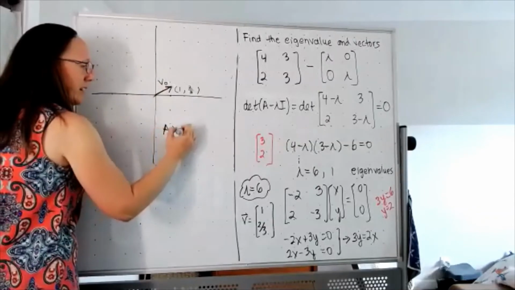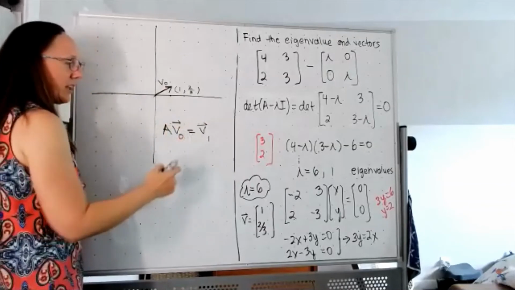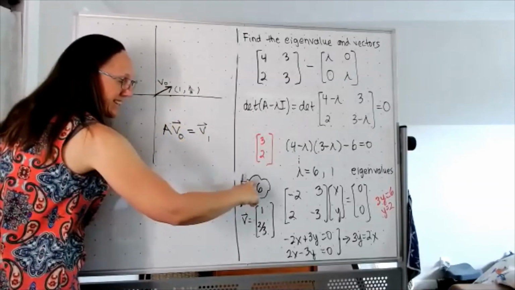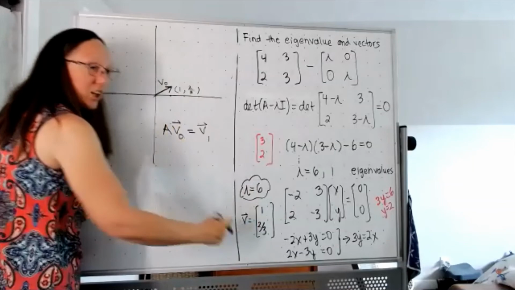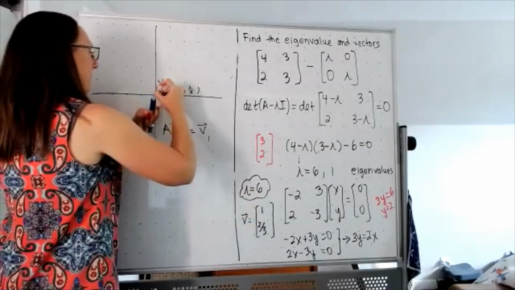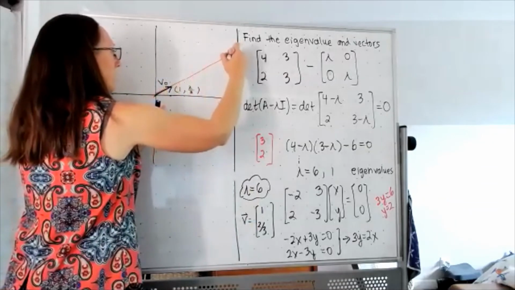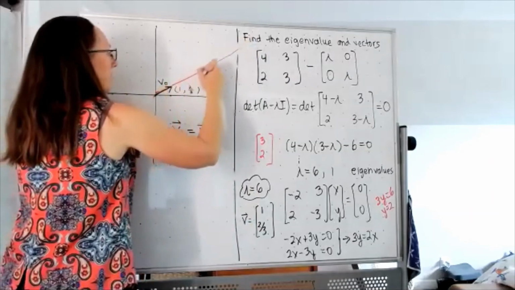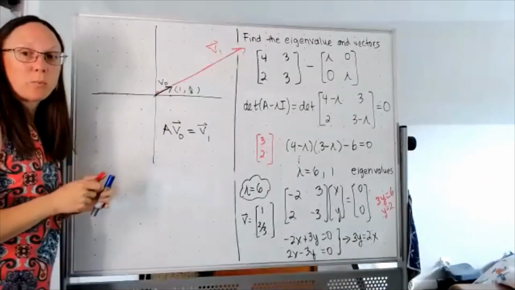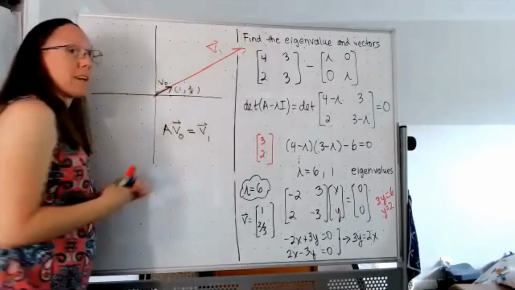And if A times V0 is equal to V1, then that V1 should be 6 times this vector, or this vector but 6 times as long. And my V1 would look like that. So it would point in exactly the same direction. It would just be multiplied by 6.